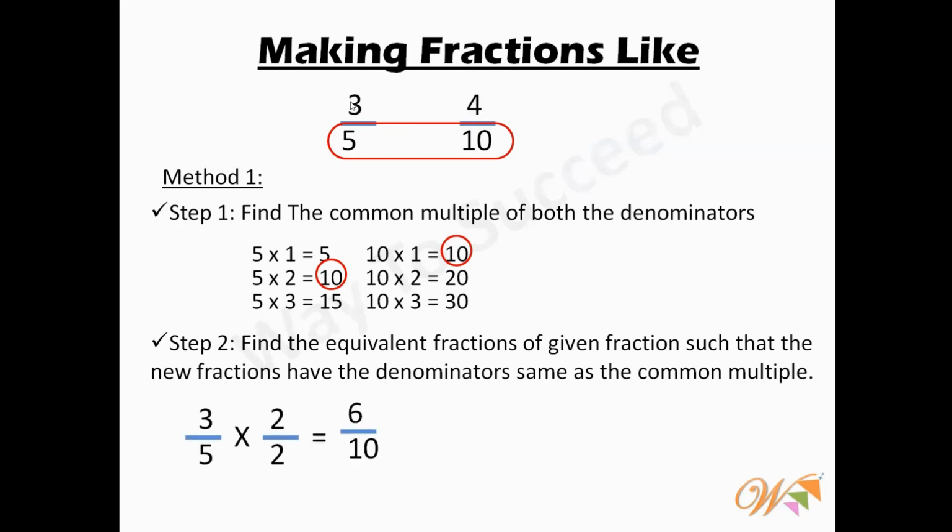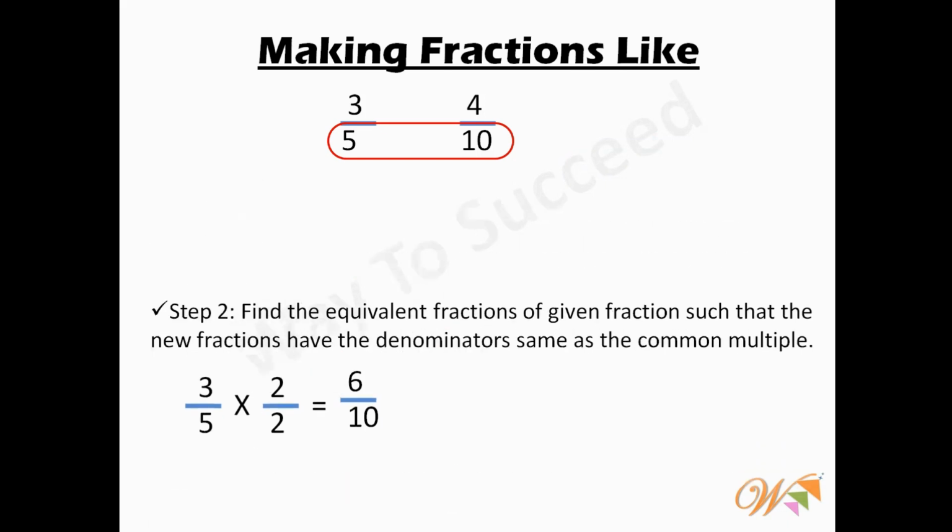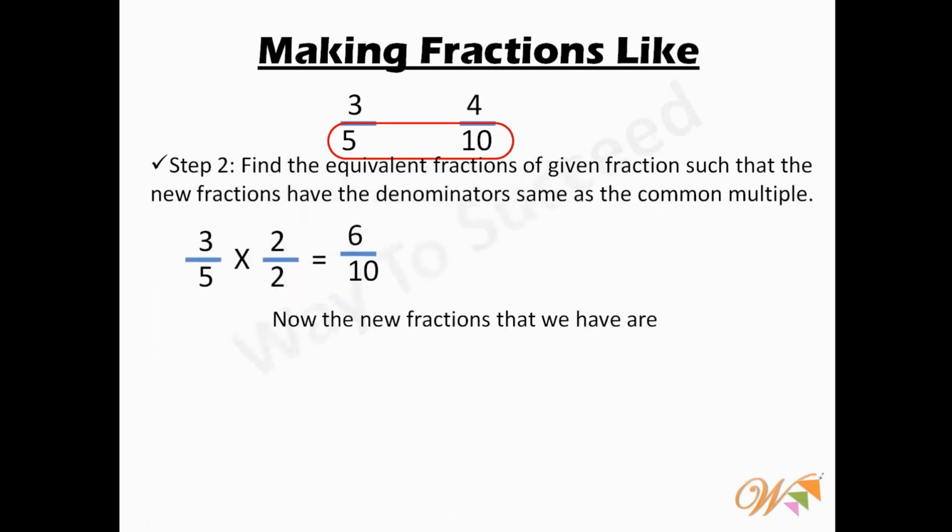So 3 by 5 times 2 by 2, because I know 5 times 2 will give me 10. I'm multiplying the numerator also by 2 to find the equivalent fraction. So 3 times 2 gives me 6, 5 times 2 gives me 10. Now 6 by 10 is equivalent to 3 by 5, so I'll be taking 6 by 10. Now the two fractions that we have are 6 by 10 and 4 by 10, which are like fractions.